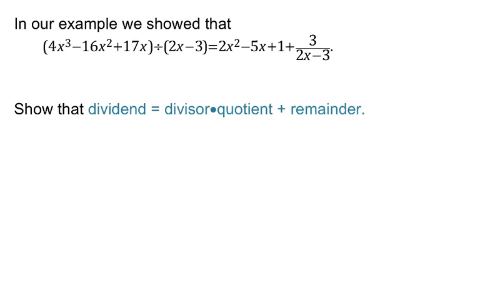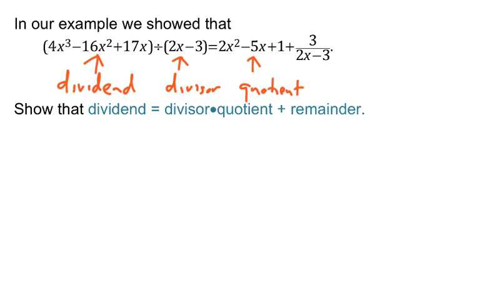We have the polynomial we divided into, which is my dividend, the polynomial I divided by, which is my divisor, I got a quotient, and then I expressed the remainder over the divisor again. The Euclidean algorithm says that the dividend should be equal to the divisor times the quotient plus the remainder. That essentially, among other things, gives us a way to check.